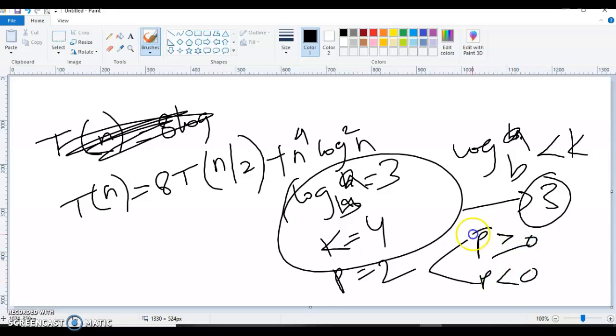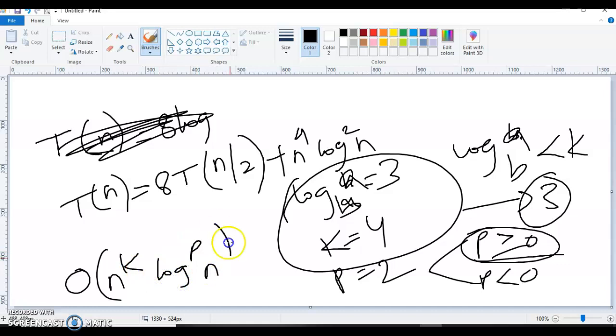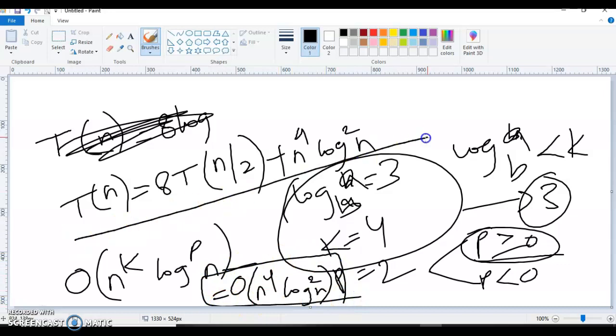As we have p equal to 2, we're gonna get this case, and the general solution for that case is big O of n power k log power p n, which is gonna be big O of n power 4 log square n. So this is the solution for the recurrence relation we have taken.